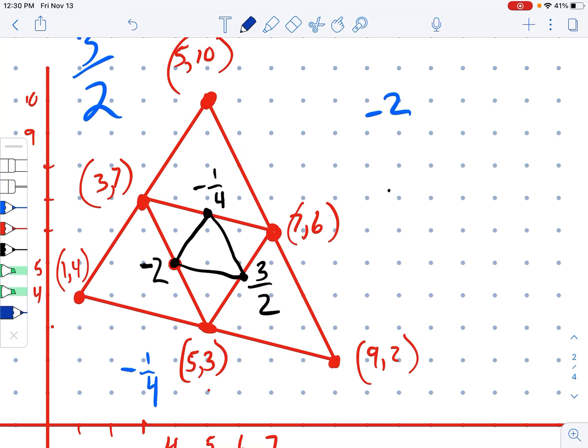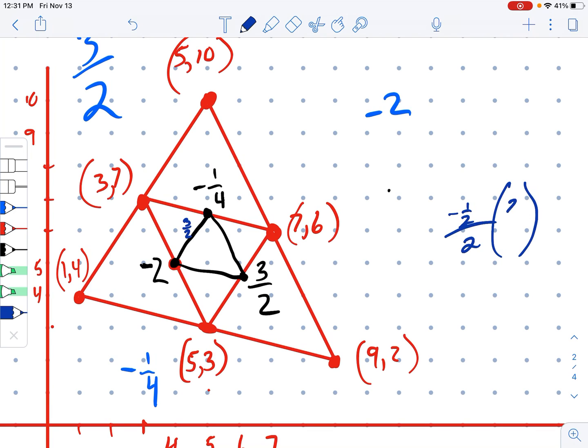So here I am at the point, and it looks like I'm going to go up 1.5 and to the right 1. So this has a slope of 1.5, or 3/2. Then to find this bottom side, it looks like I go down 1/2 and to the right 2.